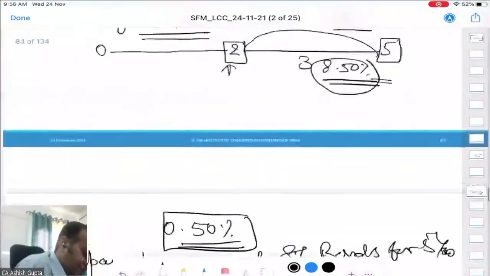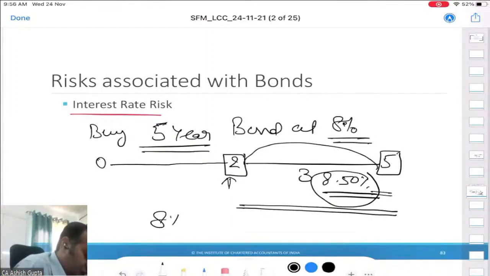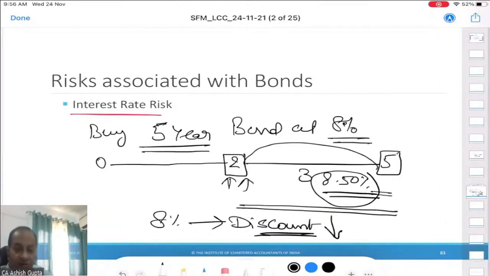When the interest rate has risen, the bond carrying 8% will be sold at a discount. So there is a fall in the value of the bond, because if after 2 years you go to the secondary market and want to sell the bond, it will not be sold at 100 rupees.